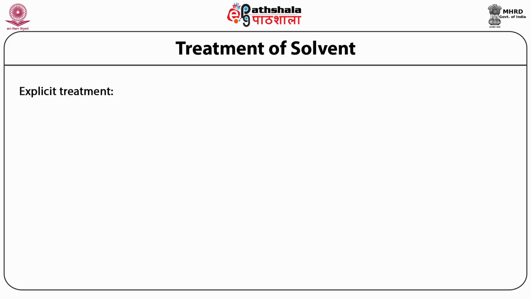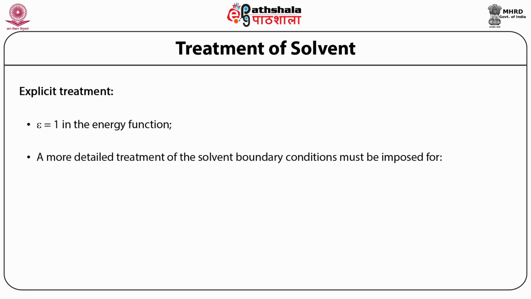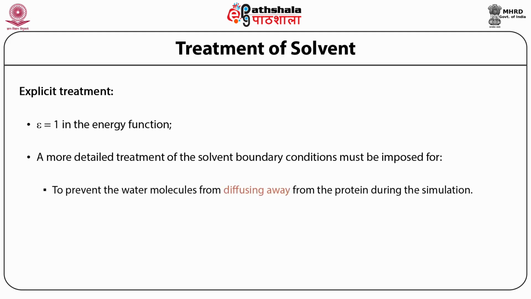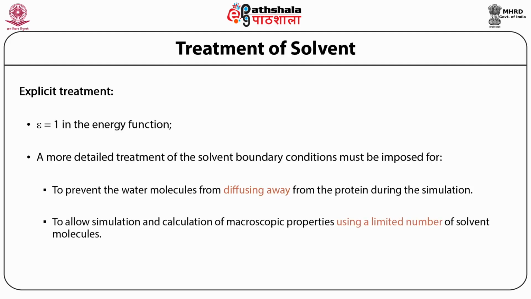Explicit treatment of solvent can also be done, where epsilon, the dielectric constant, is an energy function. And a detailed solvent boundary condition must be imposed so that water molecules should not diffuse away from the protein during the simulation, because they are moving. To allow simulation and calculation of macroscopic properties, using a limited number of solvent molecules is also a necessity.